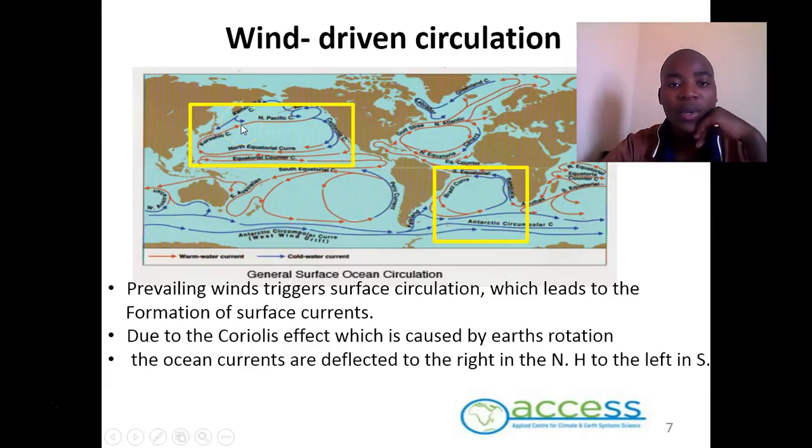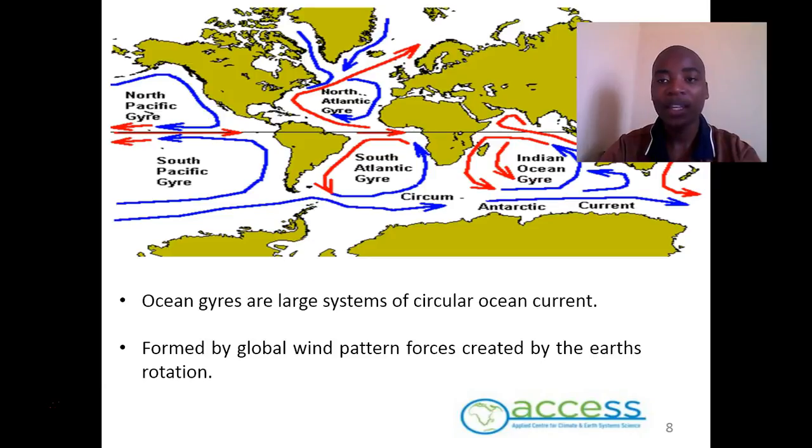Here we look at the blue color. The blue color represents the cold current, then the red color refers to the warm current, because of differences between the warm current and the cold current. Of course then there is something we call ocean gyres.